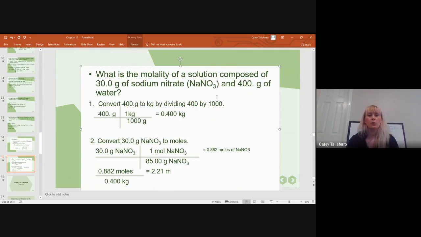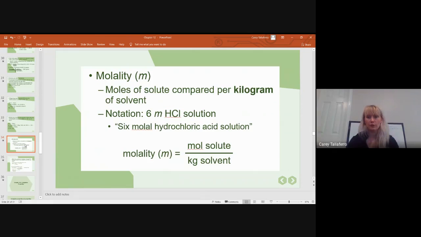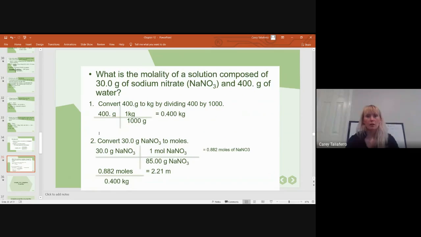Go back to the formula as a reminder: moles of solute divided by kilograms of solvent. I have 400 grams of water. That's my solvent, but it's in grams, not kilograms. So the first thing I'm going to do is divide 400 by 1,000 to get 0.4 kilograms.